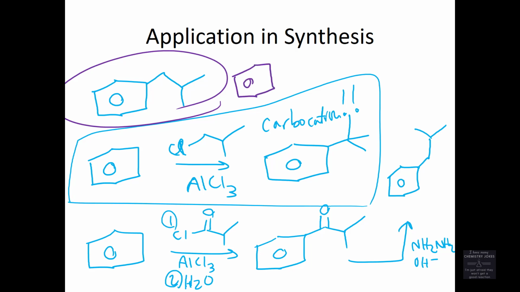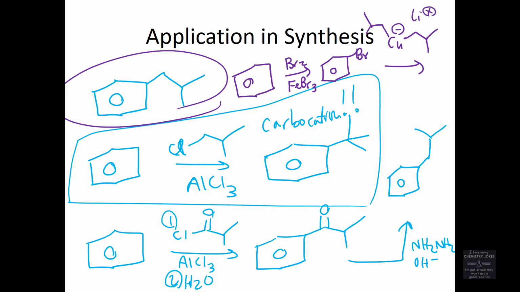You can turn your benzene into a bromobenzene with Br2 and FeBr3. And you can add this lithium dialkyl cuprate to get the actual product that you were aiming at.